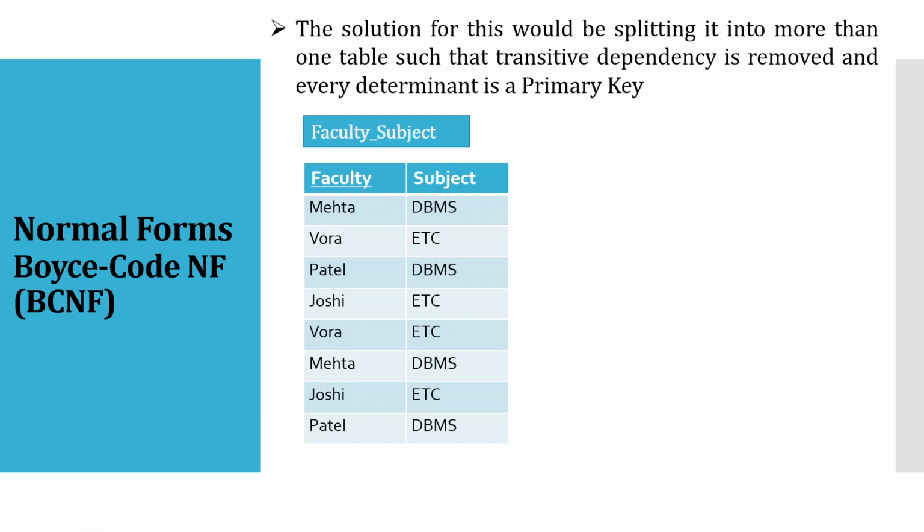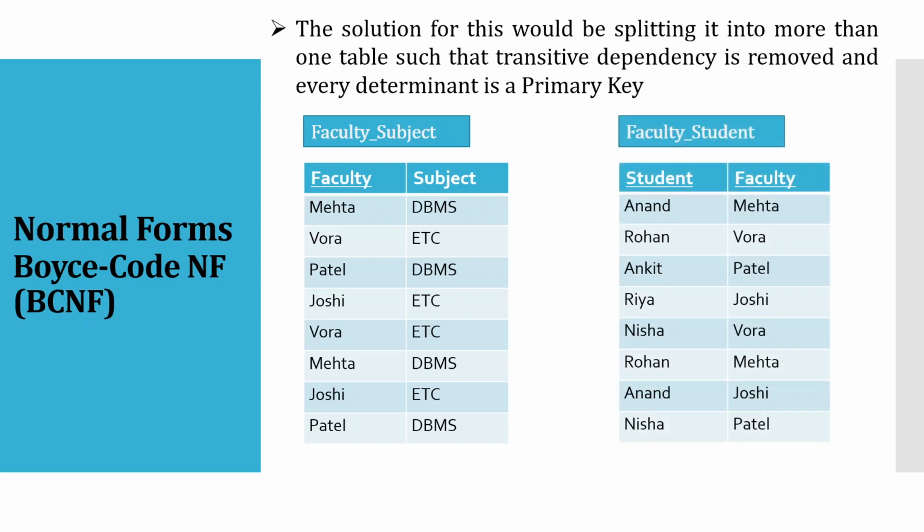So this is the first part. We have changed the primary key because we require such type of dependencies. So here we came to know that we need to change the primary key of the table. And the second table will be faculty and student, where student and faculty both are the primary keys. So student determines faculty or faculty determines student. Right?